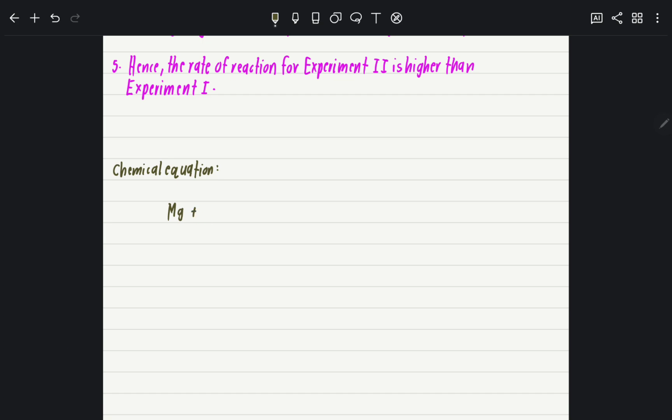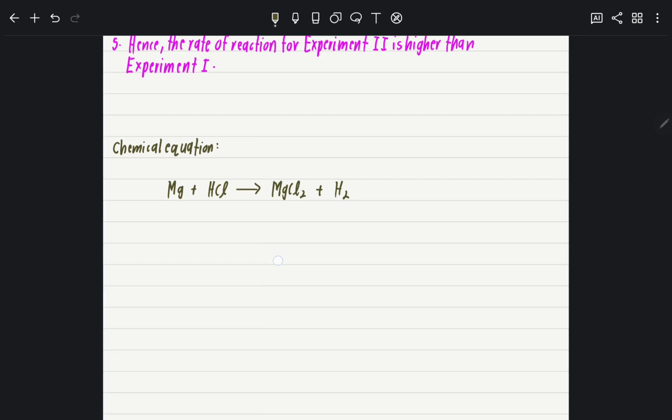Magnesium reacts with hydrochloric acid, HCl, so it produces MgCl2 and also hydrogen gas. Right? So you break this down into its ions, like we do an ionic equation. Remember the ionic equation has some rules we have to follow.